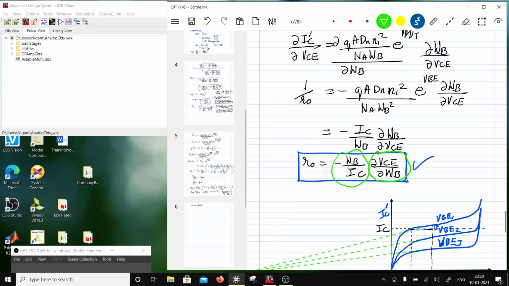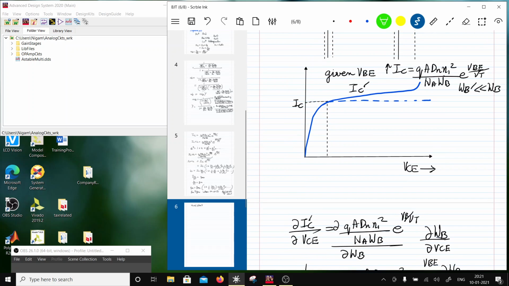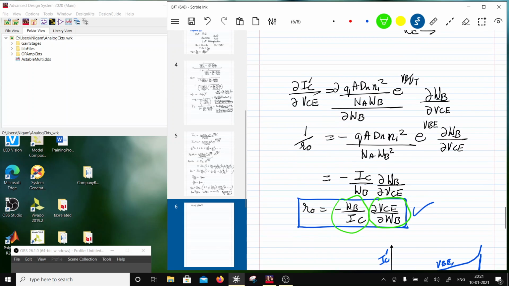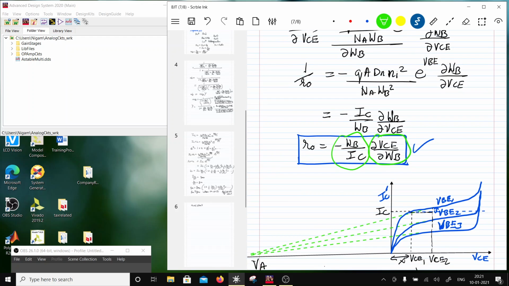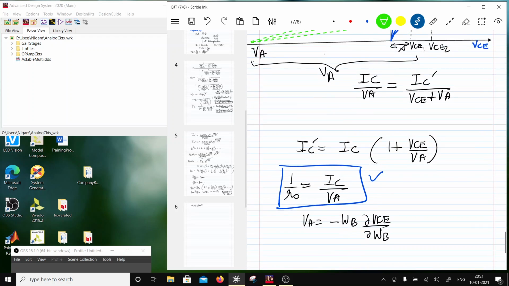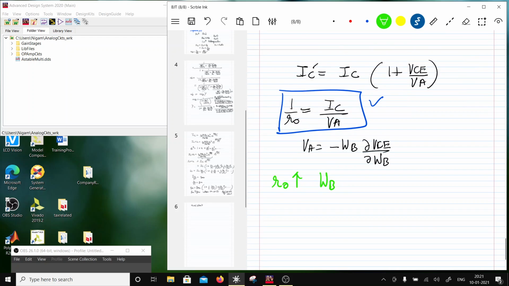Now the output resistance will go up if the slope goes down, right? And how would this slope go down? If WB is large, RO goes up, because WB minus WB dash, which is delta WB, is a smaller fraction of a large WB.